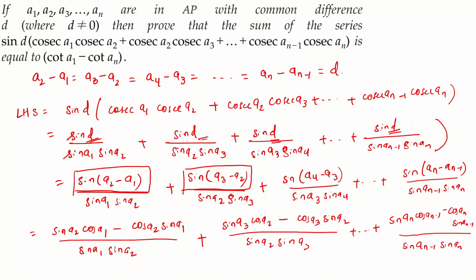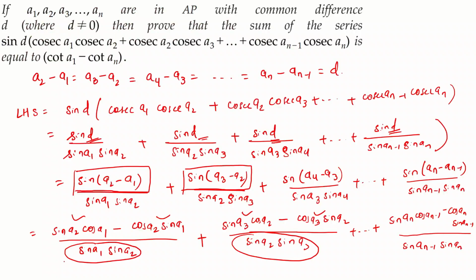Now what we can do, we can split this sine a1 sine a2 on each of these terms, and similarly this sine a2 sine a3 on each of these two terms, and we will be doing it for each and every one of these terms. So let's see what we get.